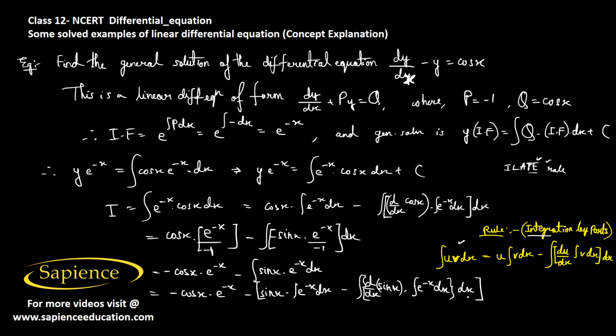So therefore the integral I is coming as minus cos x e power minus x, then minus sine x integral e power minus x dx, then minus integral d by dx of sine x, then into integral e power minus x dx, whole integral dx.